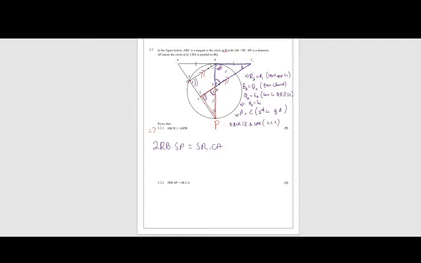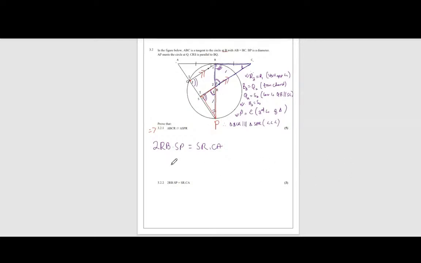So from what we have identified in the first question, if we get BC, we divide it by SP. Remember, these triangles are more or less the same.